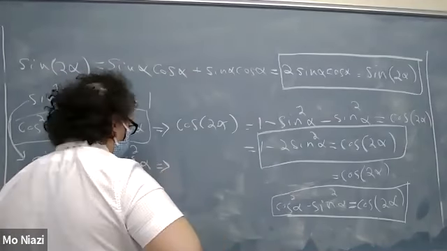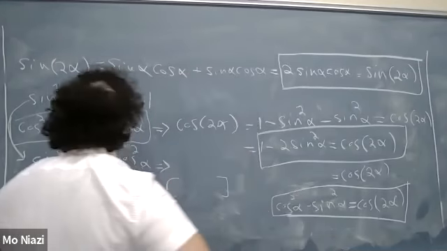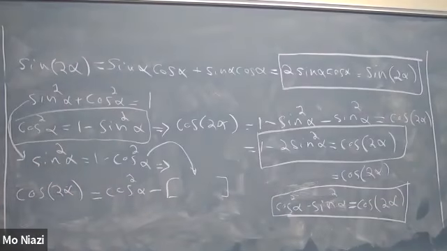Cosine squared alpha minus, this goes here. Right, so that becomes 1 minus cosine squared alpha.